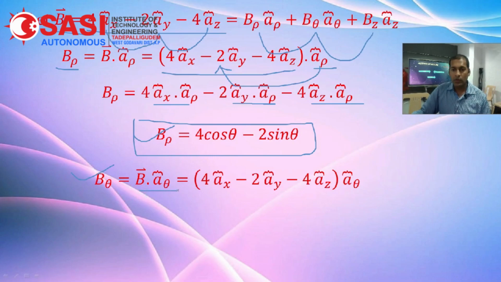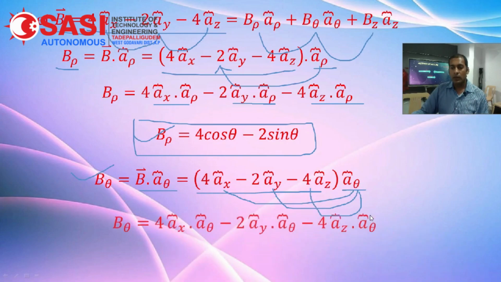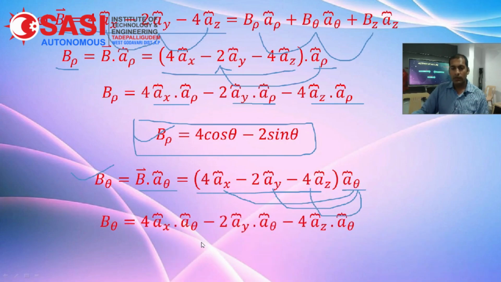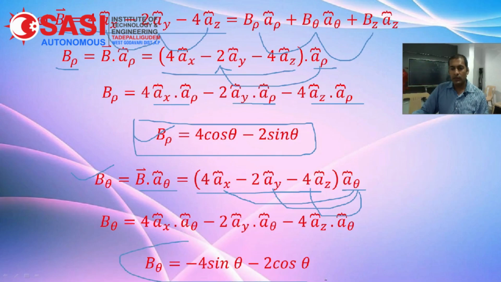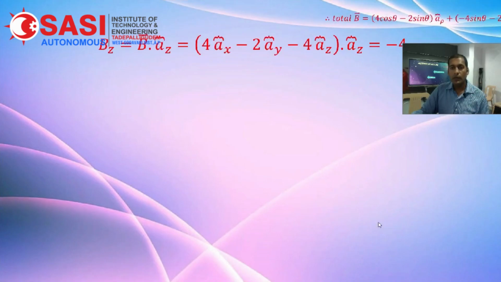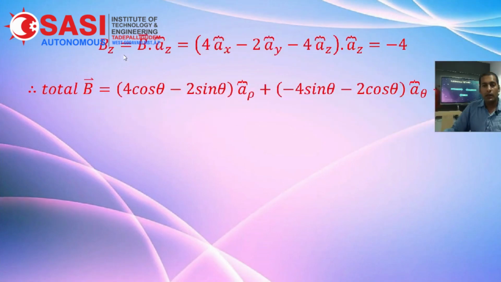So B_θ is the magnitude into a_θ. Now one by one we will take the dot product of a_θ with all the three. After simplifying we get minus 4 sin θ minus 2 cos θ. Then the third one, B_z, magnitude into a_z. Again we simplify it and we get minus 4.